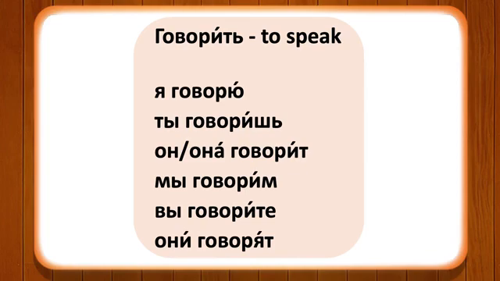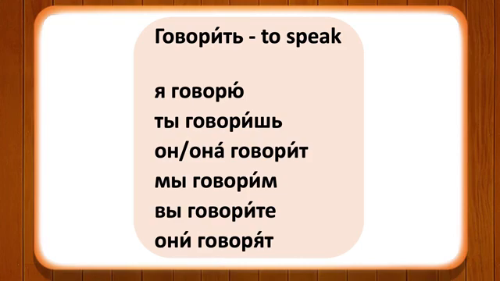So, for the pronoun ya, you take the stem of the word govor and you add u to it. Then you get the present tense form of the verb which you use with the pronoun ya. Ya govoryu, which means I speak or I am speaking.